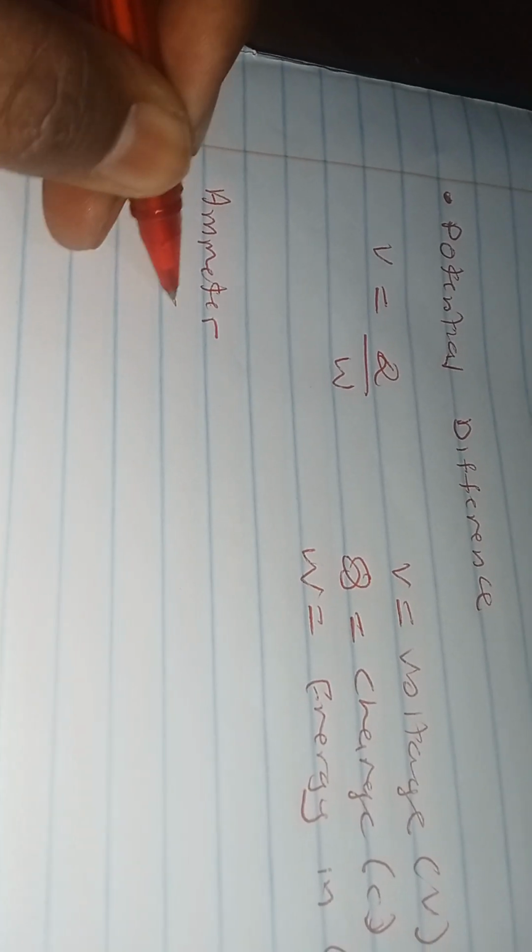Now we need to also study the instrument that measures current, which is called the ammeter. What does the ammeter do? It measures current. It is always connected in series.